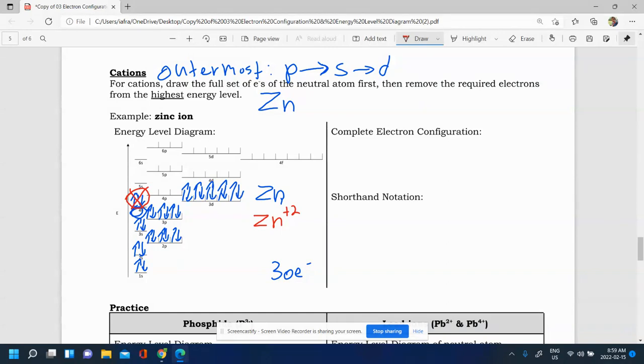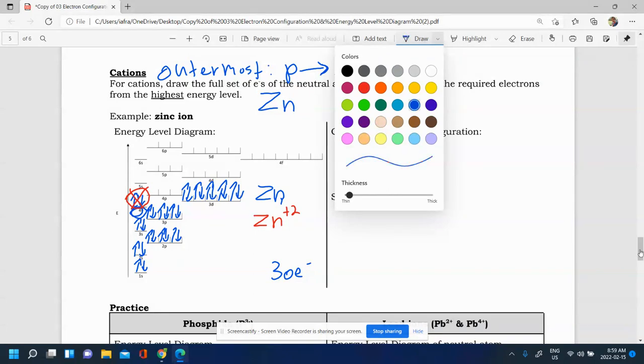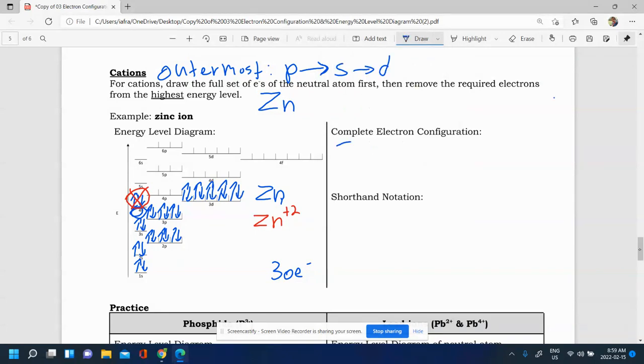So let's go ahead and try that out for the electron configuration. The electron configuration over here is zinc. We're going to do the neutral atom first. So 1s2, 2s2, 2p6, 3s2, 3p6, 4s2, and then 3d10.